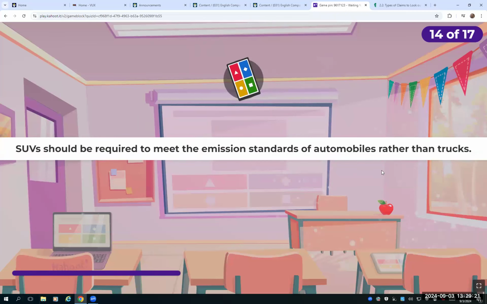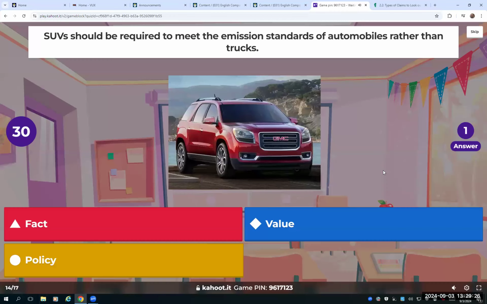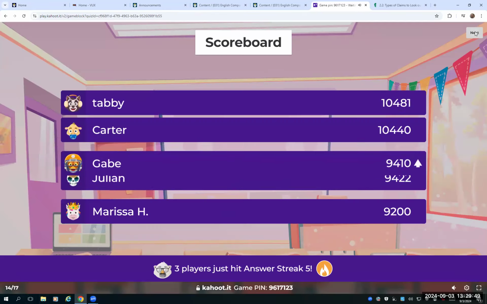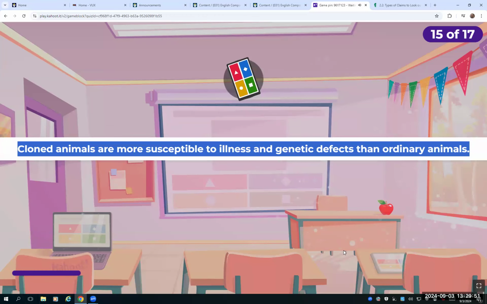All right, next, SUVs should be required to meet the emission standards of automobiles rather than trucks. Very good. Claim of policy. We got that should in there. Oh, all right.